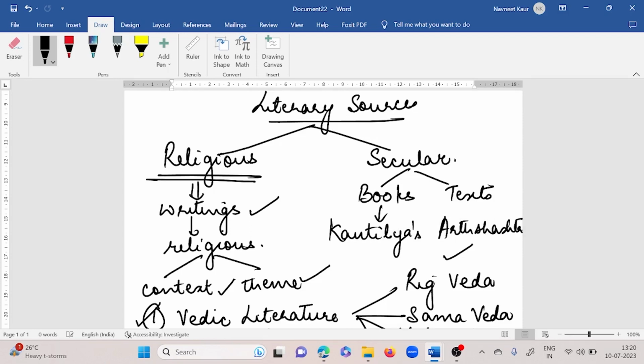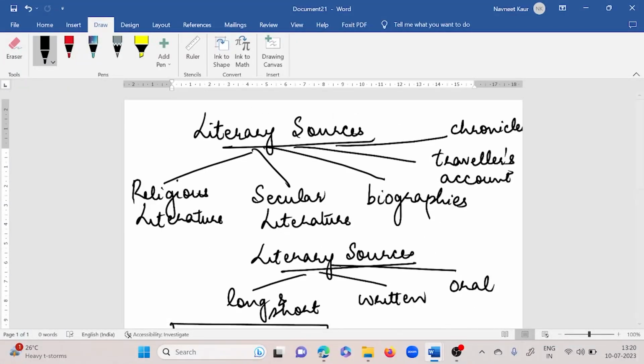So these contain guidelines of how to run a government. So this is my secular literature. We've done religious literature, we have done secular literature, books such as Kautilya's Arthashastra, right?